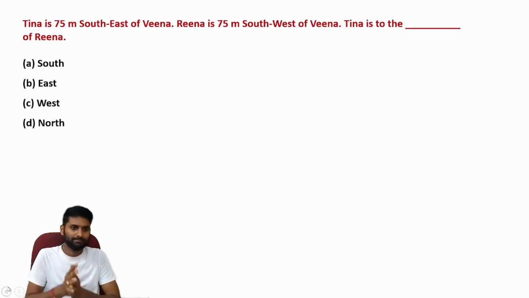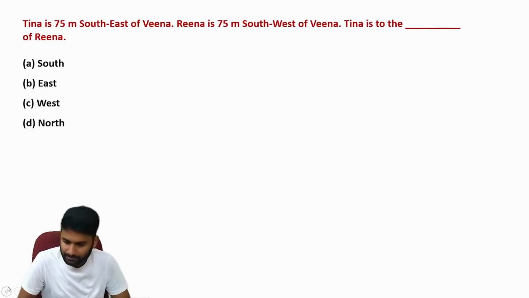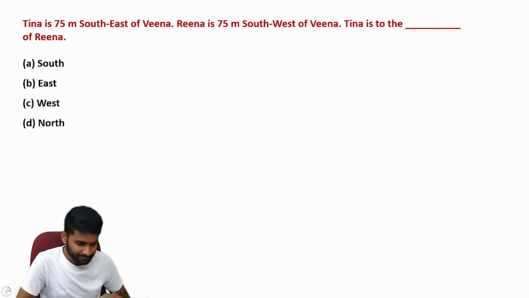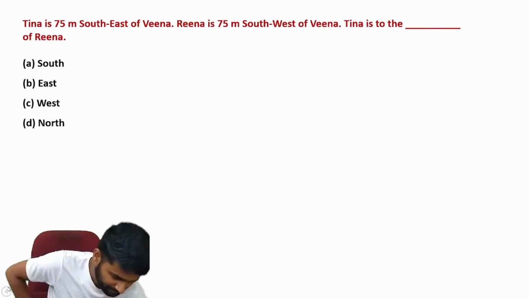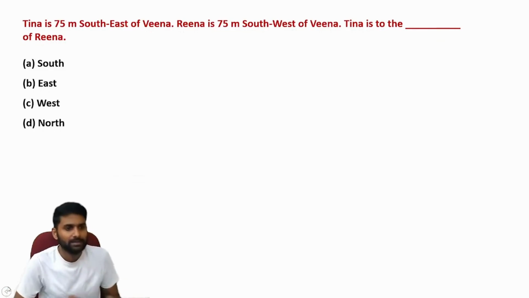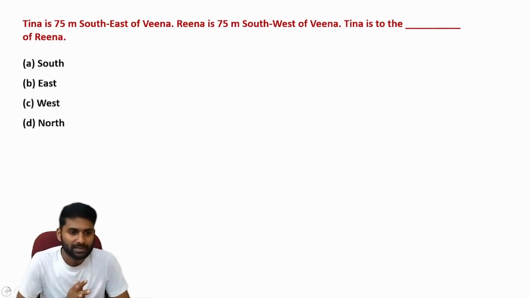Try to solve this question using the direction concept. Tina is southeast of Vienna at 75 meters.